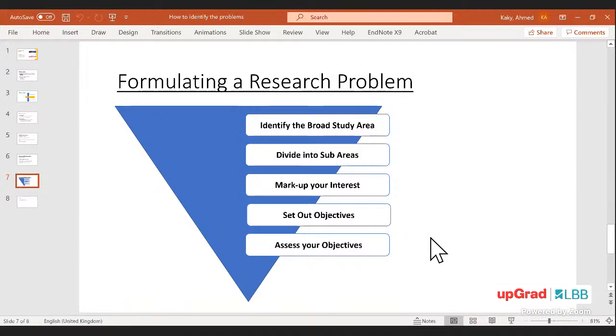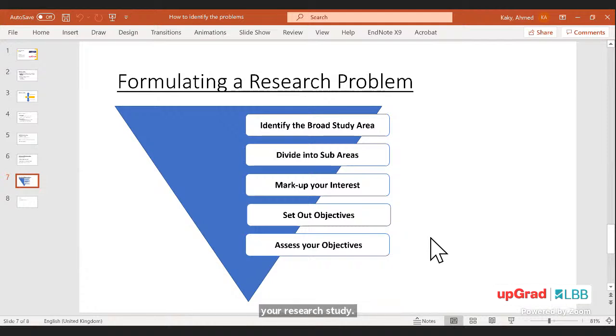But before you decide on which of these you will continue to work, you need to set up your objectives. Research objectives essentially come from your research question, so you need to define your objectives according to your research question. The last step is to assess or evaluate your objectives to make sure it is possible to attain them through your research study.